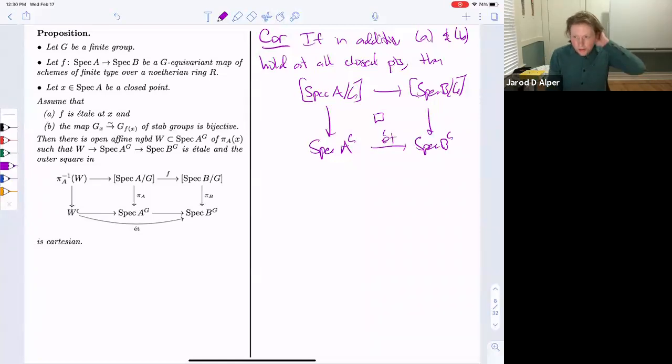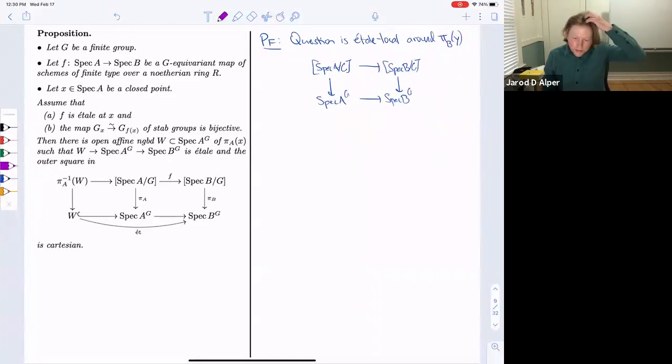Okay, so let me sketch this proof, because the proof is going to be similar to the other one. It's just going to be a reduction using properties of Henselian rings and étale descent.